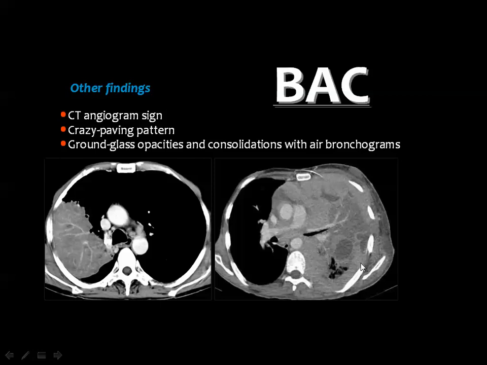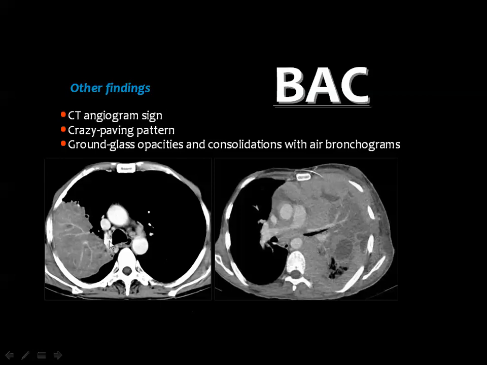Bronchoalveolar carcinoma may have some radiographic signs which are not specific for it, like the CT angiogram sign. If you look here, you see a consolidation in the lung, and also you can see the vessels running through the consolidated area.